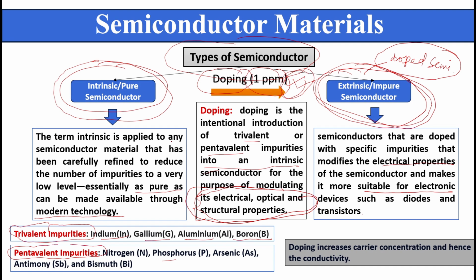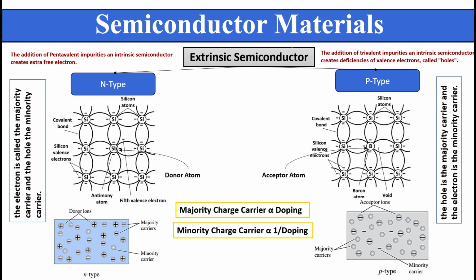If you add trivalent impurities into an intrinsic semiconductor, the extrinsic semiconductor so formed has a specific name. If we add pentavalent impurities to the pure semiconductor material, the extrinsic semiconductor so formed also has a special name. So there are two kinds of extrinsic or impure semiconductor, classified according to the addition of trivalent and pentavalent impurities.